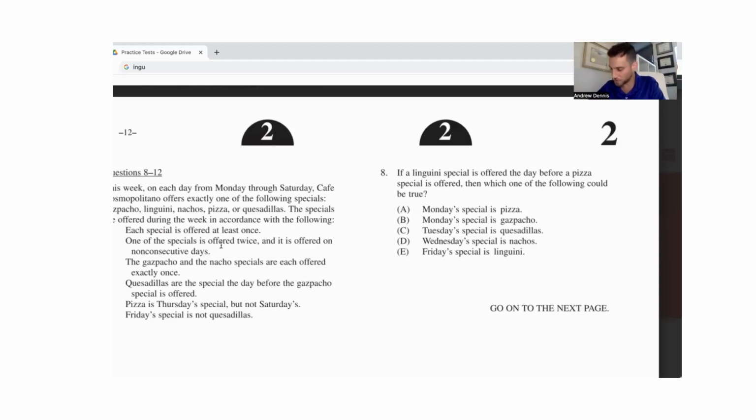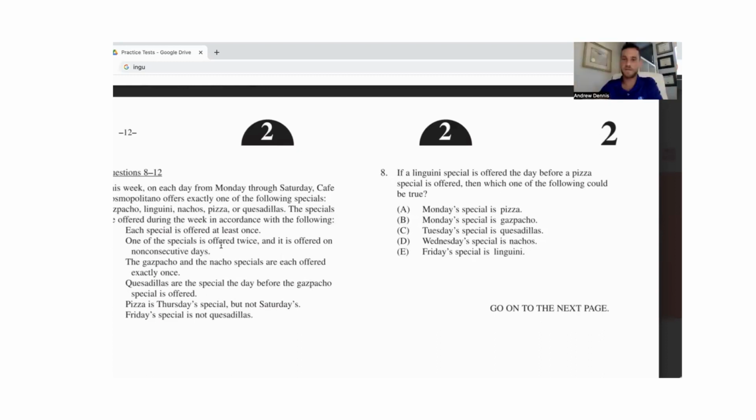I'm also going to put a little star next to the P, the Q, and the L on my variable sheet, just to note in my mind that they could potentially go twice. We know the G and the N by rule only go once, but the L, Q, and P could potentially go twice. And here I wrote that P, if it does go twice, goes Monday.